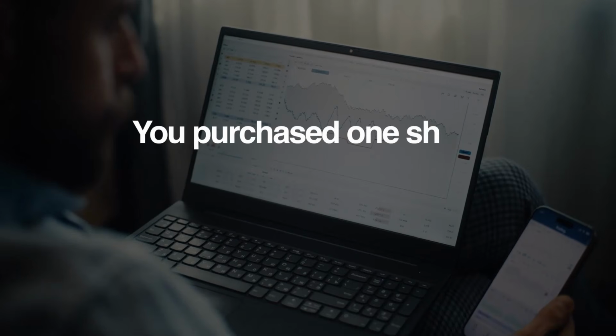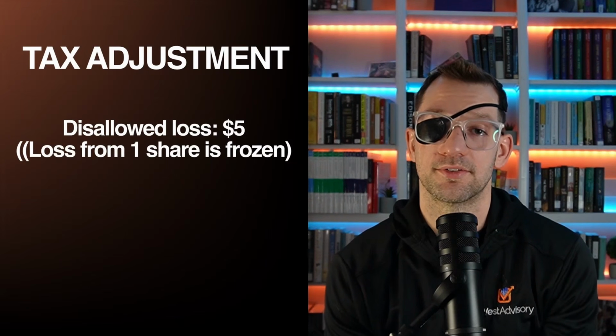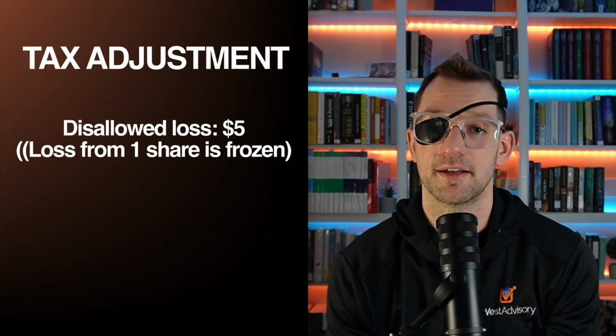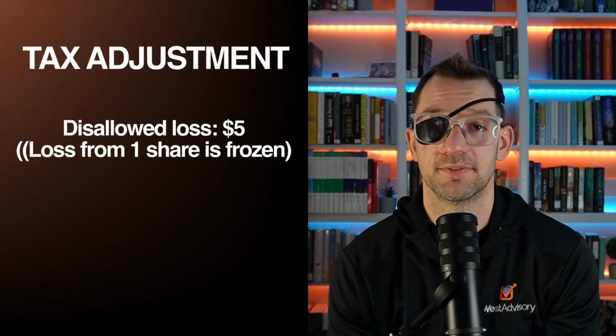Now, here's something to pay attention to. You purchased one share, so that means there's a disallowed loss for a single share. So now you have one share worth $5. You paid $5 for that share, but your basis is going to be $10 in that share. The reason the basis is $10 is because you take the $5 of loss that you were not able to realize because you triggered the wash sale rule due to that dividend reinvestment.